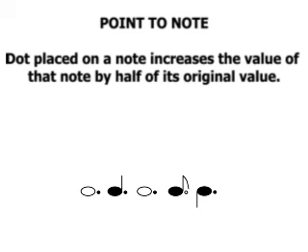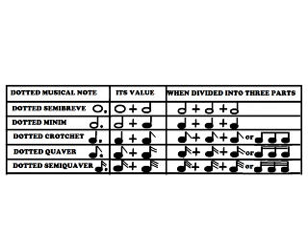So if I have a musical note like a semibreve, you know that half of a semibreve is a minim. So if I add a dot to a semibreve, it means the semibreve has been expanded from its original value with an addition of the note that is half of its value, which is a minim.